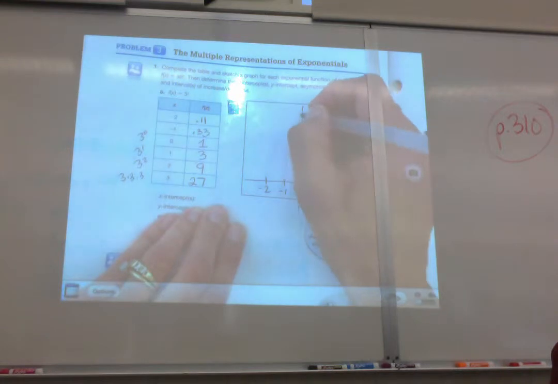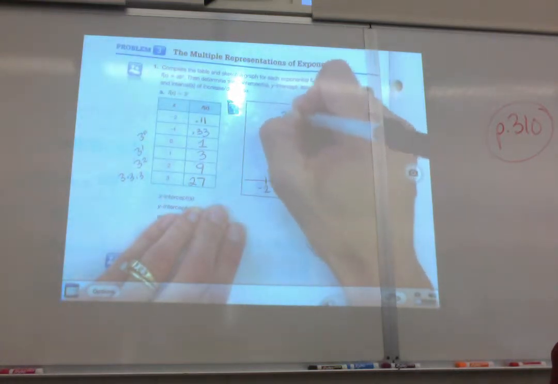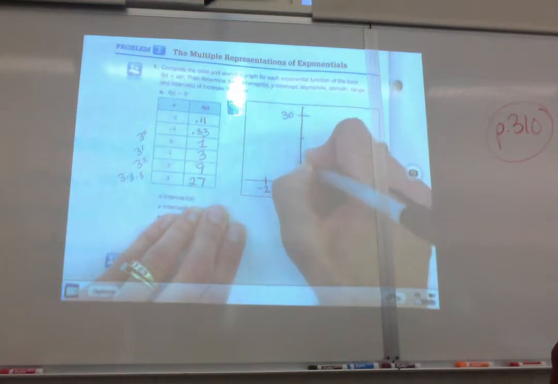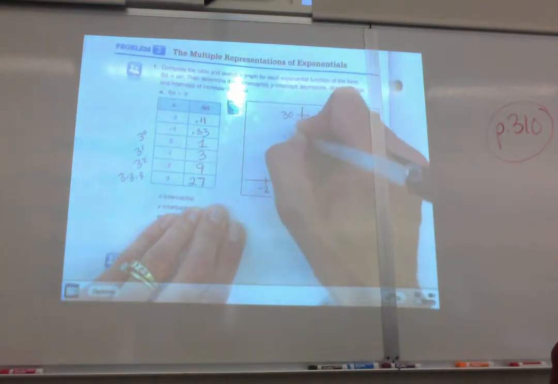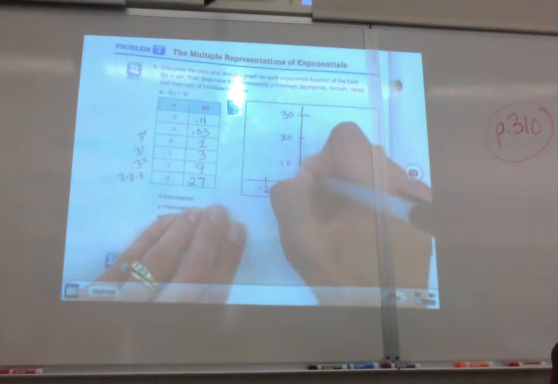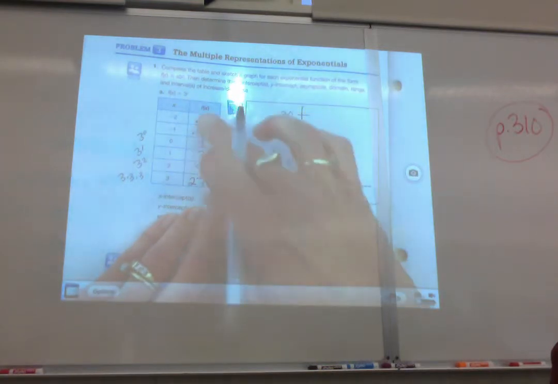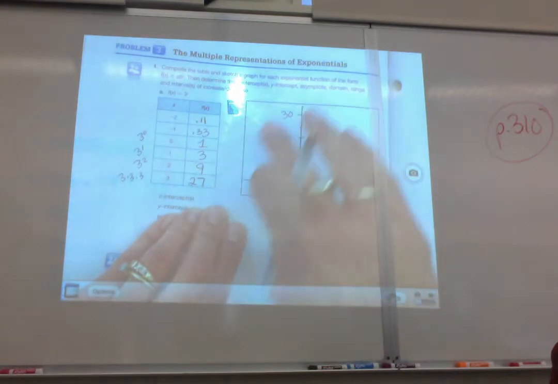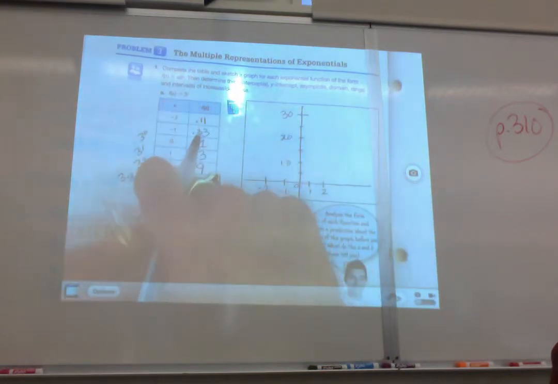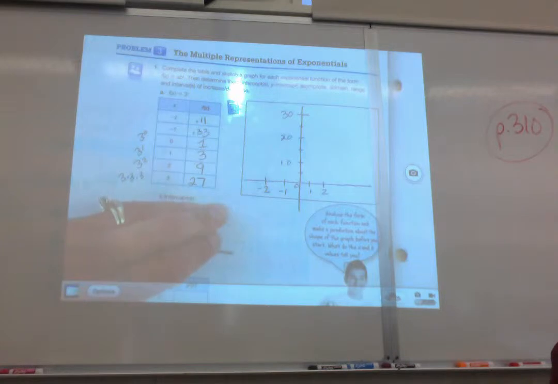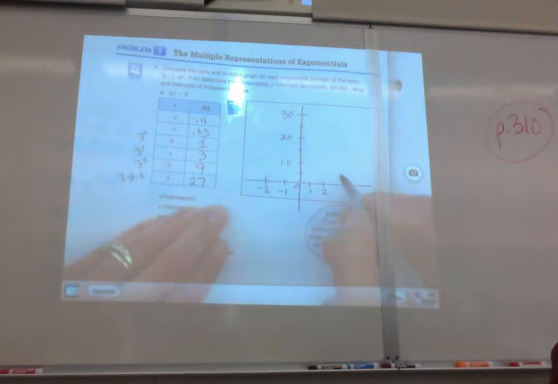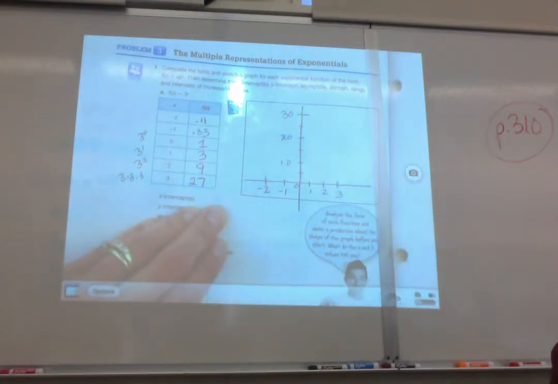I need to go all the way up to 27, so I think I'm going to go 30 and then divide that up. So that's 10, 20, and this will be 5s in between. Okay, so you kind of look at your numbers and say, what do I need? Well, I need these all the time. Oh, that goes up to 3 in the positive direction. But I need it up to 30 on this.